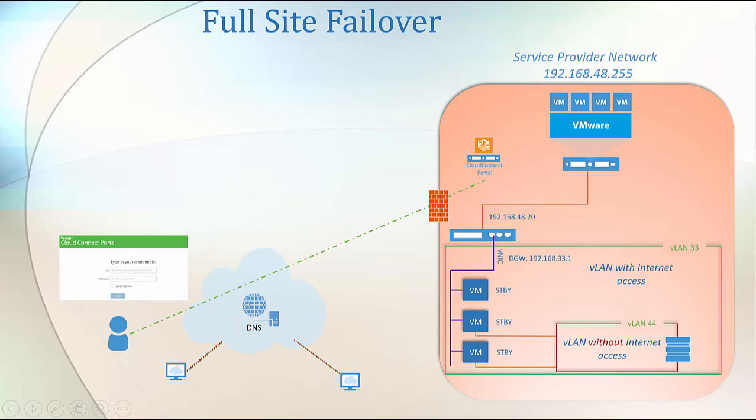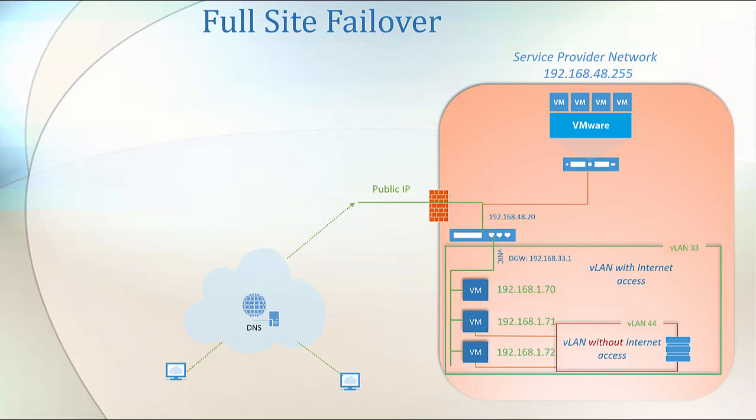The full site failover process will start at the service provider side by starting the Veeam network extension appliance and all the virtual machines. Then a public IP address will be published for the external users to use to reconnect to the tenant workload running from the service provider network.